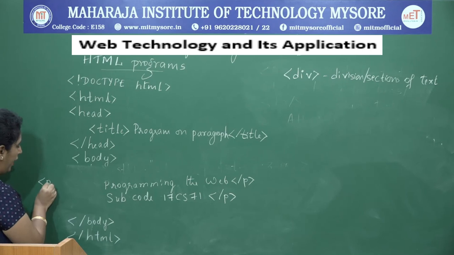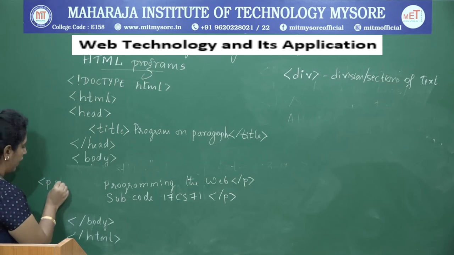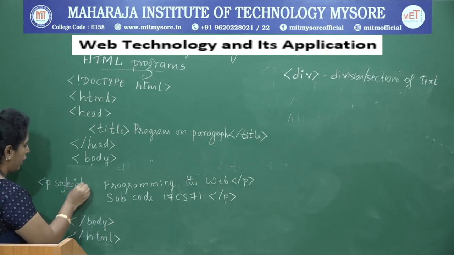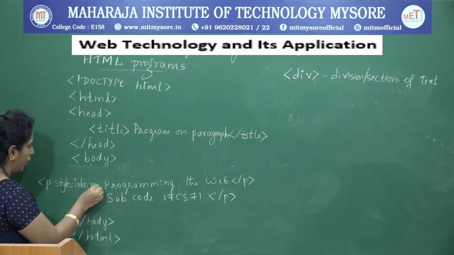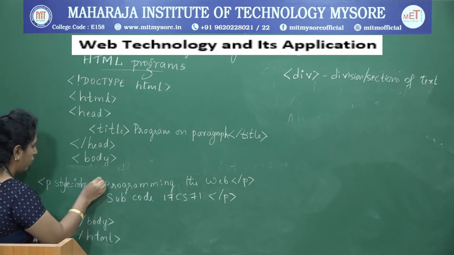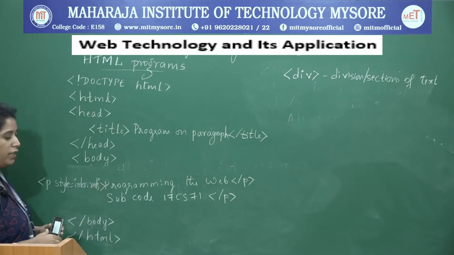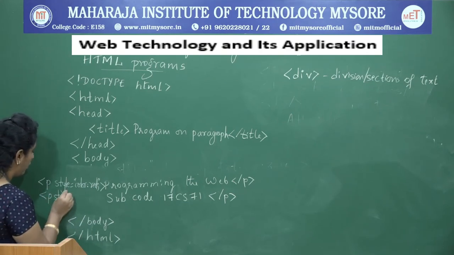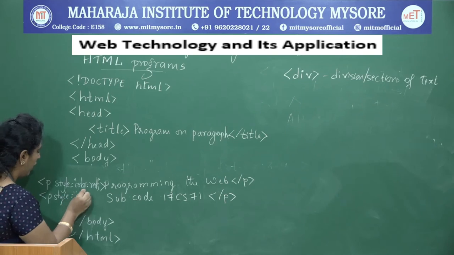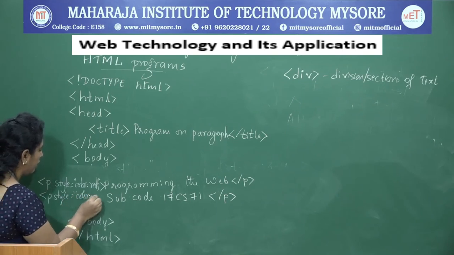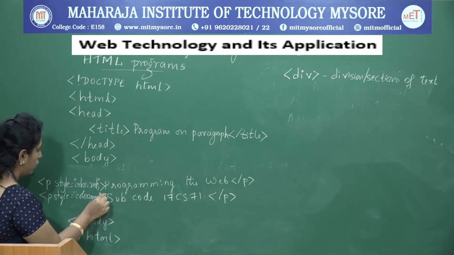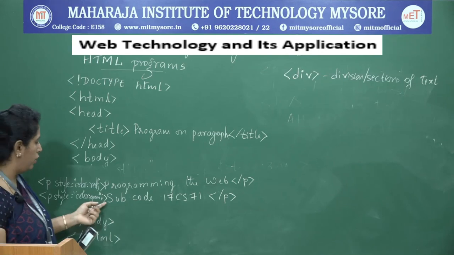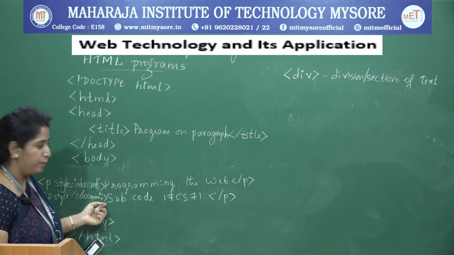The p tag, the attribute is style, and color. Which color do you wish? You wish red, you can give red, close the double quotes, then close the tag. Likewise, for another paragraph, I want to style it with the color green. Close the double quotes, put a semicolon, then close the opening tag.